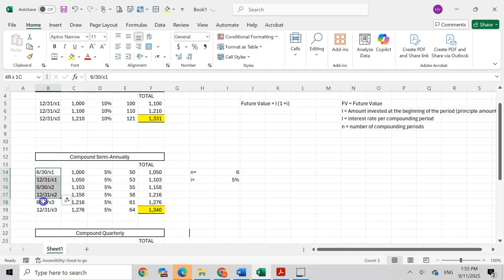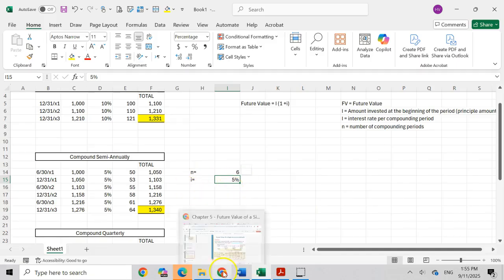That gives me 6 different compounding periods. So my n equals 6. My annual interest rate is still 10%, but since I'm compounding twice a year, it ends up being 5%.